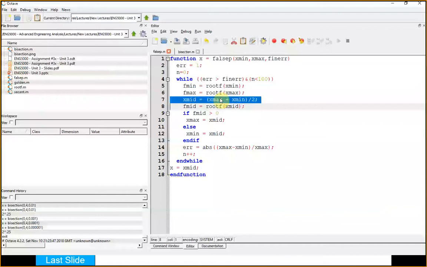I think the F min should be F max first. Let me go back to the slide.